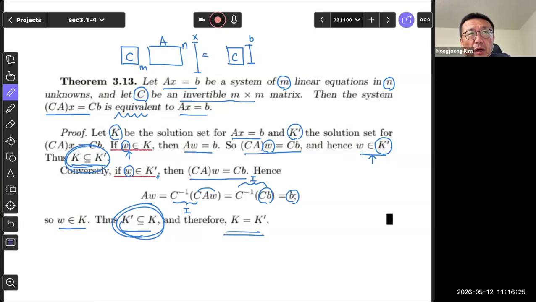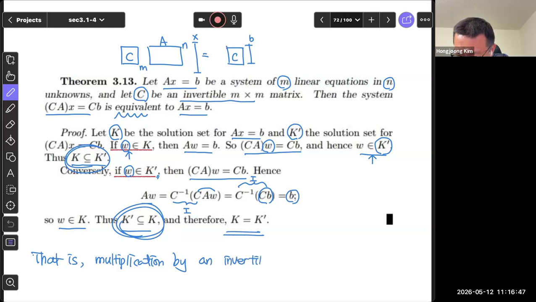So what is the point of this theorem? If you multiply any invertible matrix to the coefficient matrix and the right hand side vector, it does not alter the solution set.